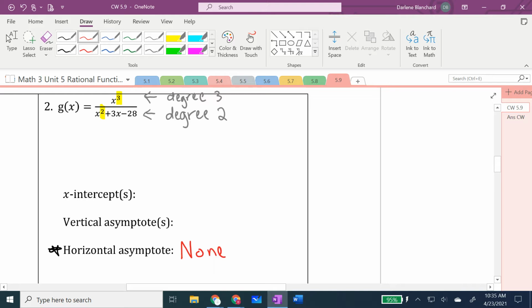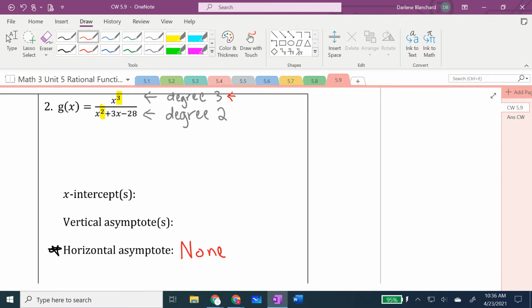So what you're going to have to do is think about the difference between whether the numerator is higher degree or the denominator is the higher degree. Because the higher degree polynomial is going to overtake the lesser degree polynomial. It will infinitely take over in size the other one.